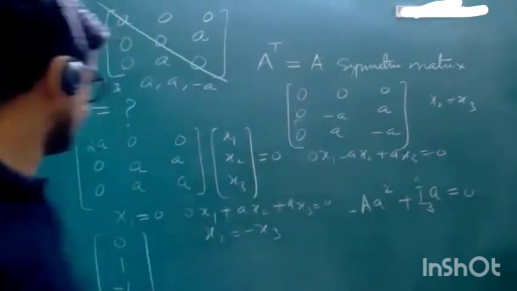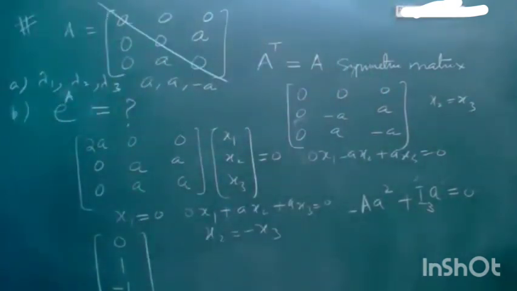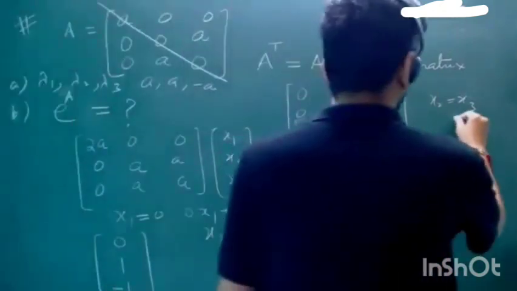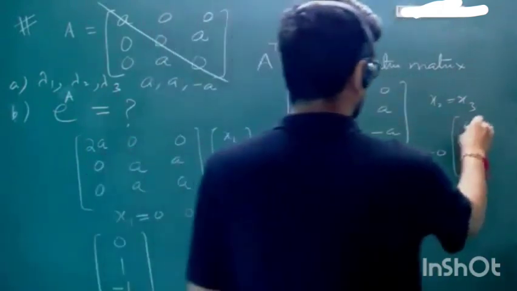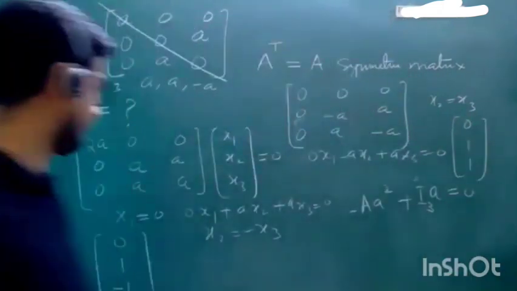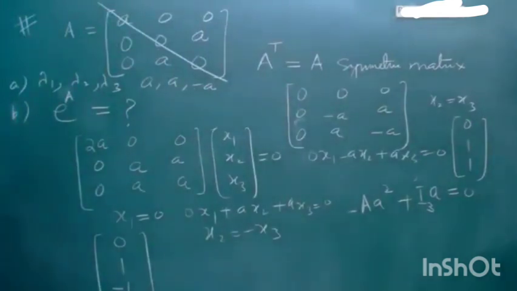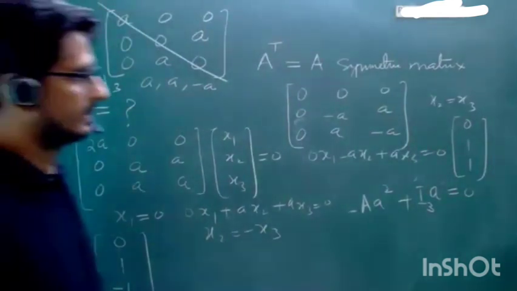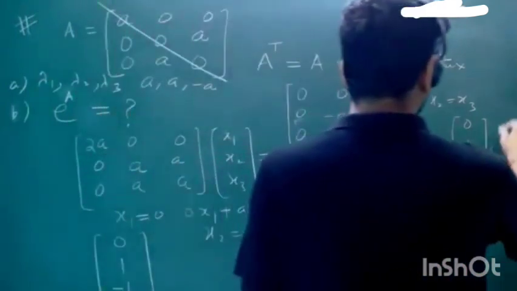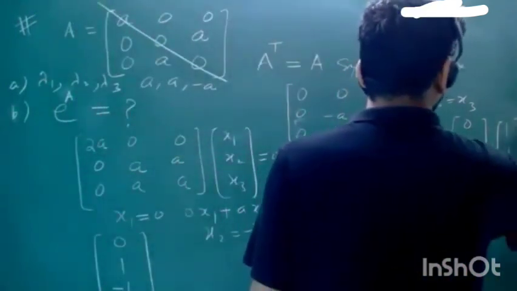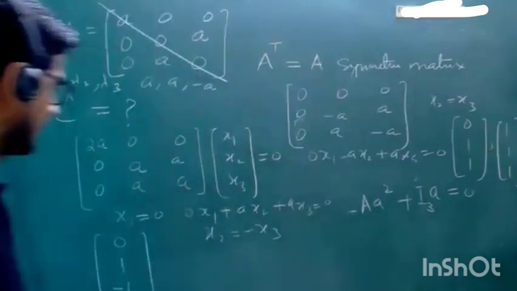We can write this as x2 and x3 are the same, and x1 as 0. So it will become 0 1 1. And this is a degenerate value, right? So one value I can write 1 1 1. But we have to check.